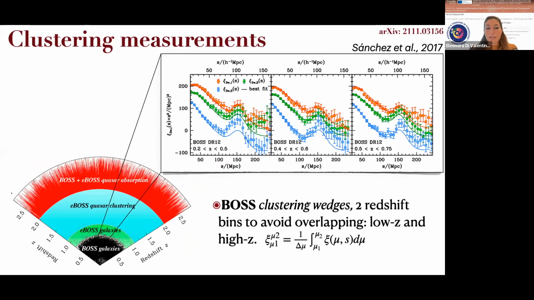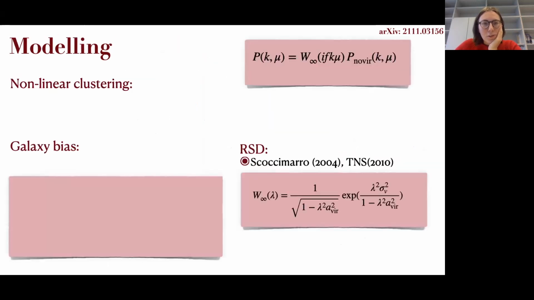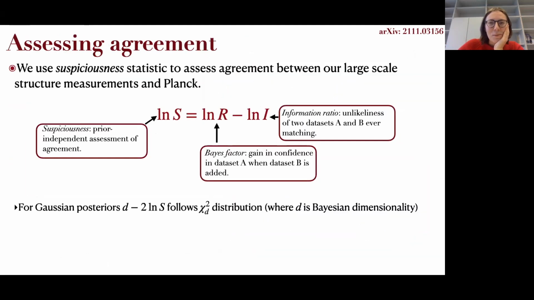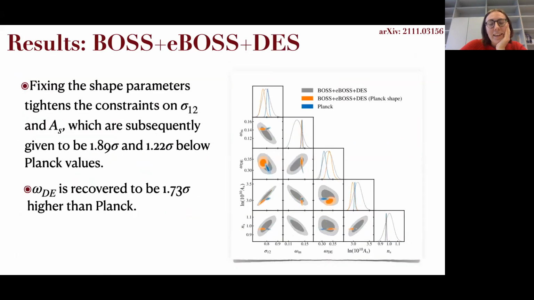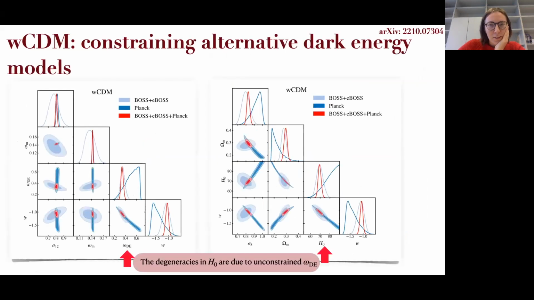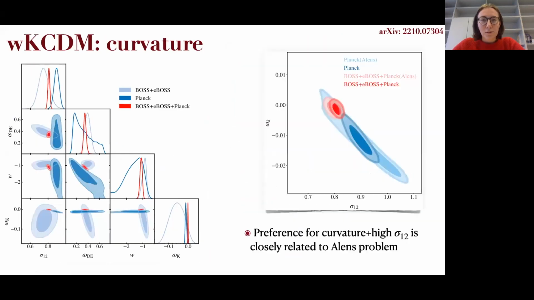Did you investigate the effect of having a total neutrino mass? Because I think that here you are just using the default. Yeah, we're just using the fixed neutrino mass here. We looked at what happened when we varied neutrino mass together with w, but it didn't really change things much because clustering measurements are not really good enough to constrain the neutrino mass on their own.